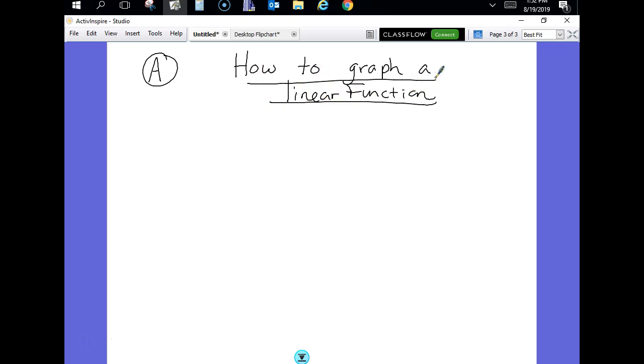Okay, so the first thing we're going to do is want to be familiar with this equation. Your y equals mx plus b. We want to be aware that this is our y-intercept. And we want to be aware that this number here is our slope.